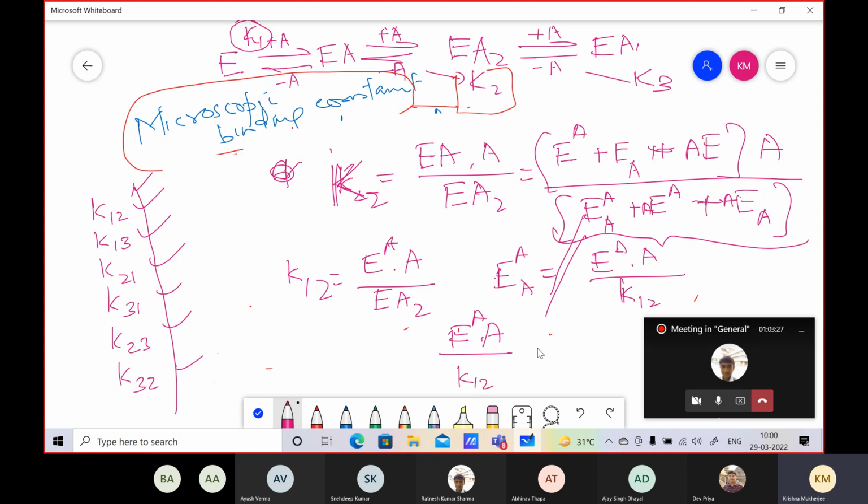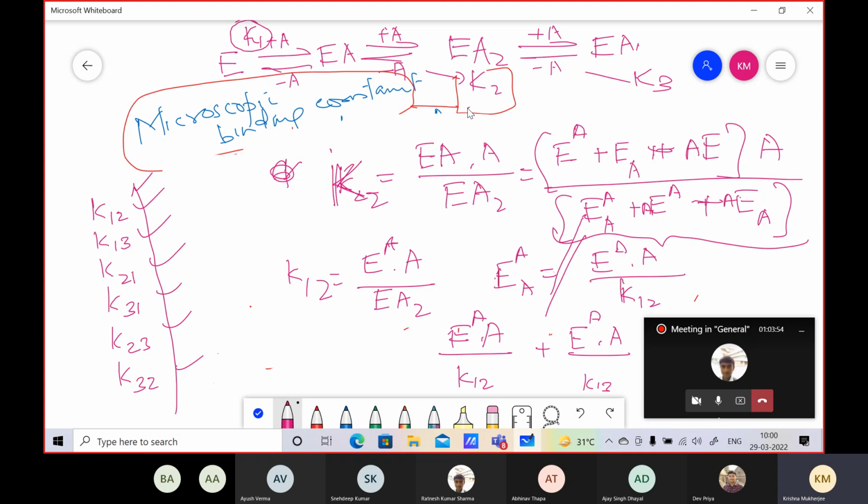This one here is equal to EA into A upon K13, and so on and so forth. And then again EA has to be now broken down into component parts from K1 and K2. Are you getting my argument? Not really.